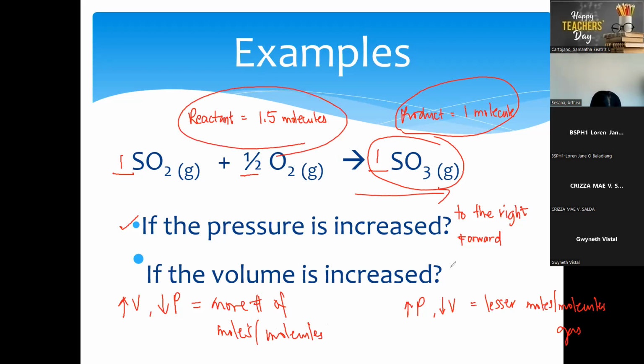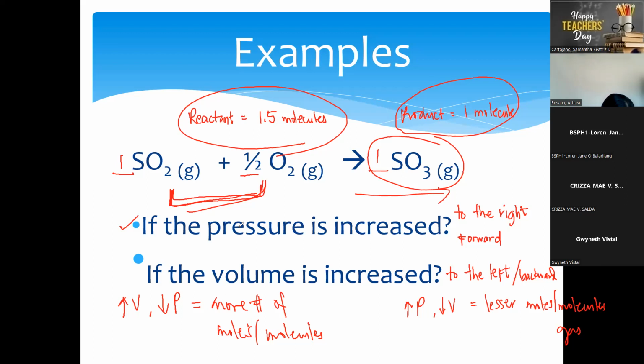So our answer here is pabalik to the left. The direction will favor the backward reaction. That means more product will decompose to produce this one. So sa system, mas maraming ganito, silang dalawa, just to get rid of the change in the volume.